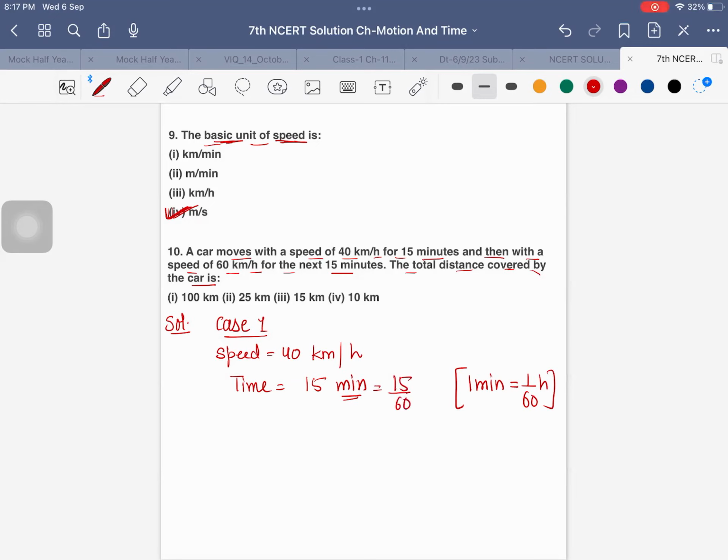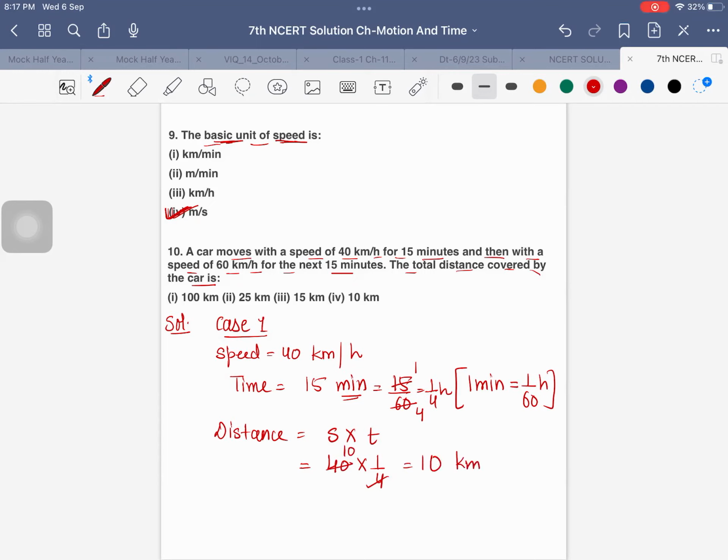What answer do we get when we divide 15 over 60? We get 1 upon 4 hour. Now distance is equal to speed into time. Speed is 40, time is 1 upon 4. So the answer is 10 kilometers.